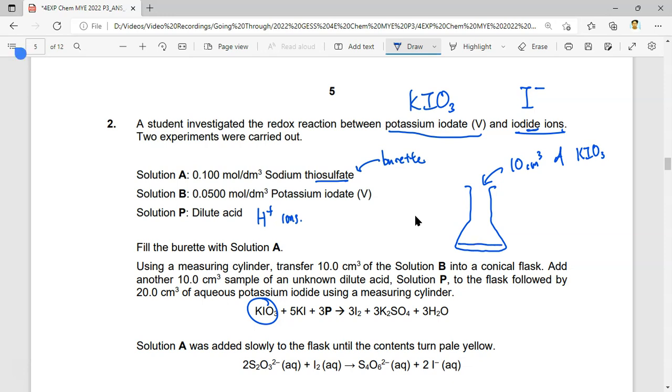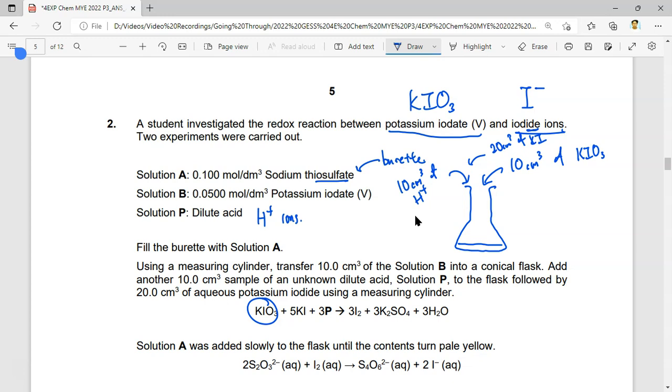Next thing I'm going to throw inside, add another 10 cm³ of unknown dilute acid. So I'm going to throw another 10 cm³ of acid, so 10 cm³ of H plus. And then followed by 20 cm³ of potassium iodide. So I'm going to throw in 20 cm³ of KI, potassium iodide. So these are the three things I've added in.